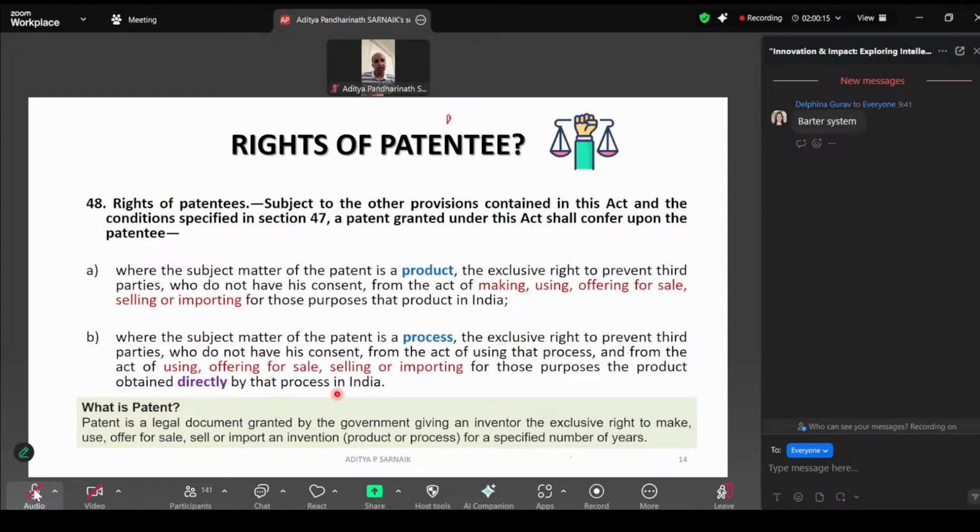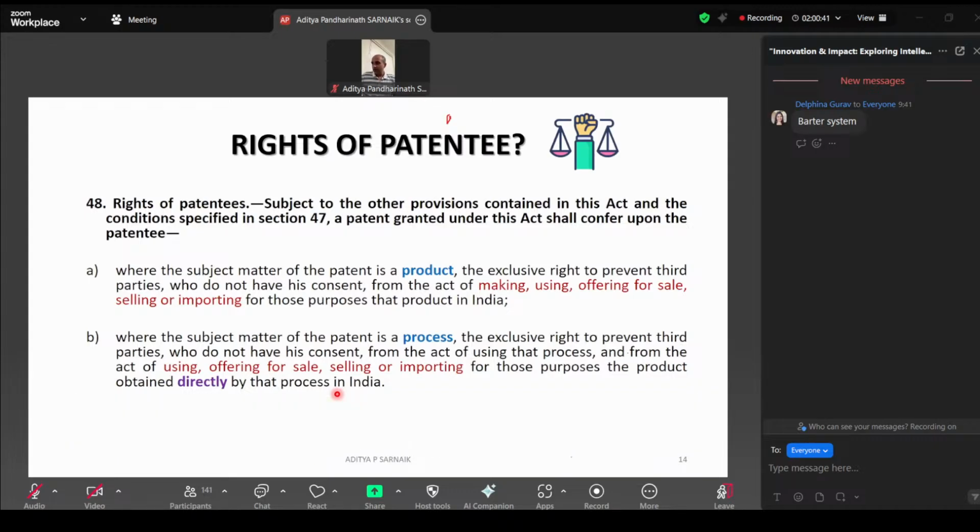And because of which, what happens? Suppose an authorized dealer of iPhone in India is selling an iPhone for 80,000 rupees and I am selling it at 70,000 rupees. That means people will buy the iPhone from me because I am giving it at a 10,000 cheaper price. Okay, and this is where I'm exhausting the rights of the authorized owner.